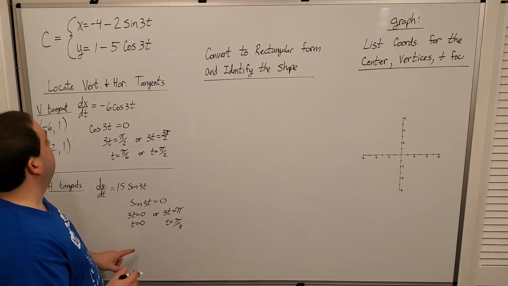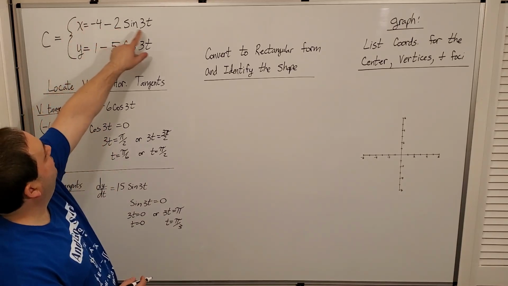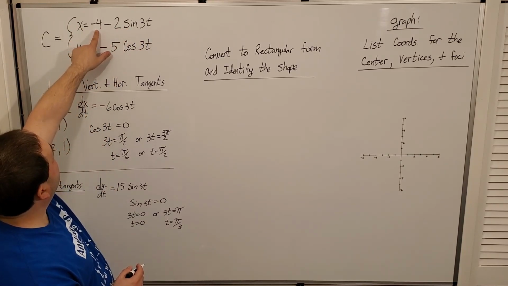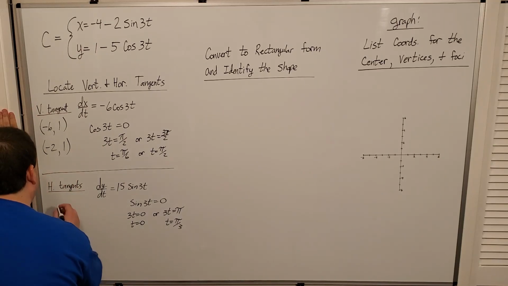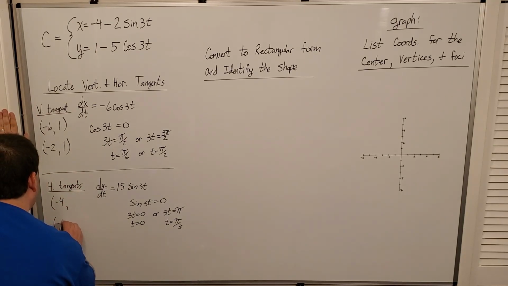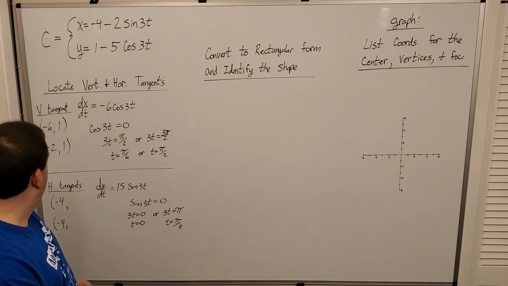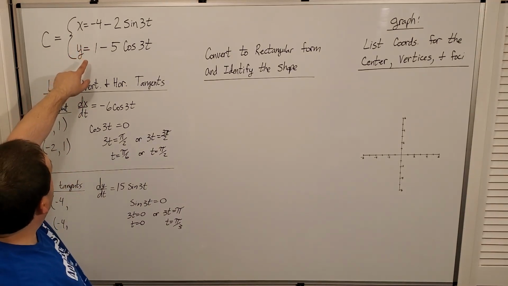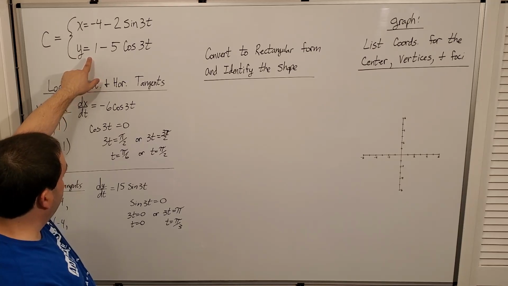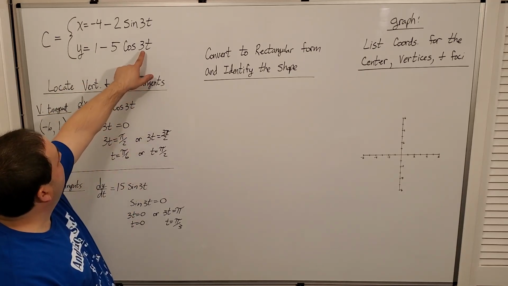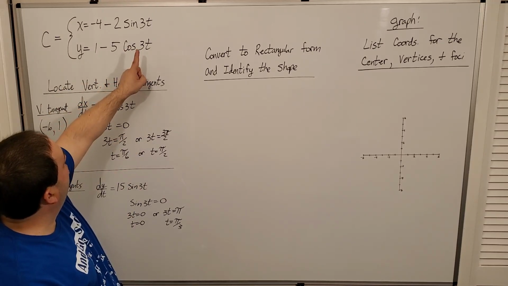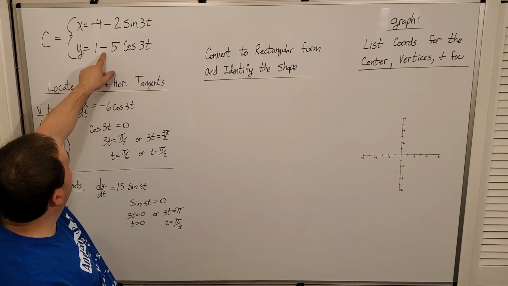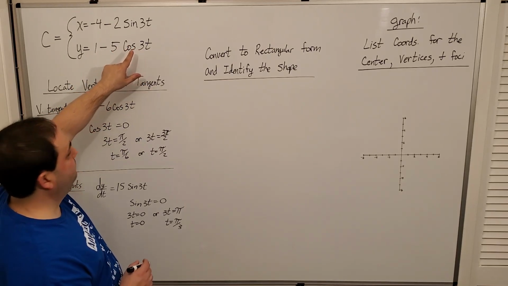Now, what is this going to do up here? Sine 3t is 0, which means the negative 4 is going to be constant in both of them. I'm going to have a negative 4 in both of these points. So then the y value is going to fluctuate here. If t is 0, cosine of 0 is 1, and I have 1 minus 5 times 1.